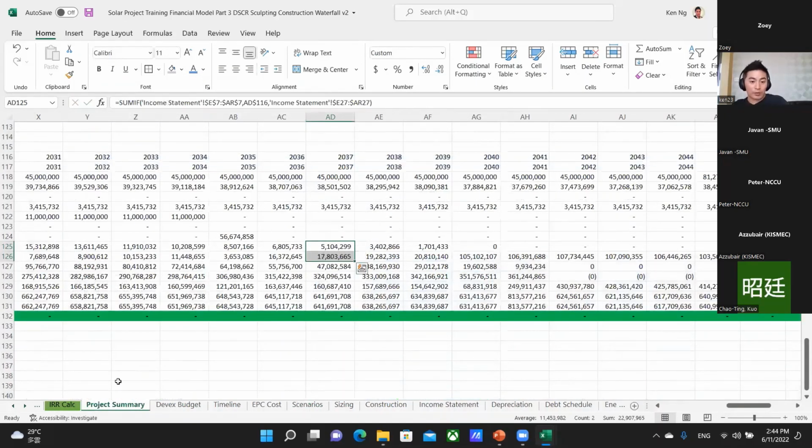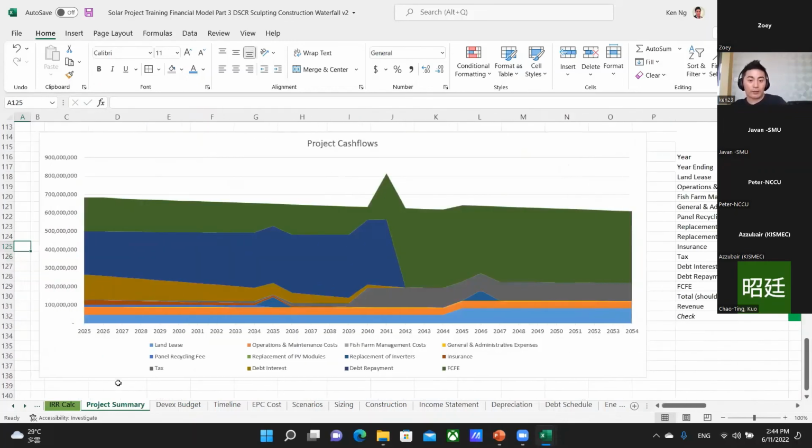And this is what the resultant chart looks like, right? So for the first 20 years, it was exactly like just now. It doesn't change. But after the first 20 years, for the back end, suddenly our rent steps up because we're paying more rent to account for inflation. We're still incurring all of our operating costs, and we have to replace our inverters again at year 20.